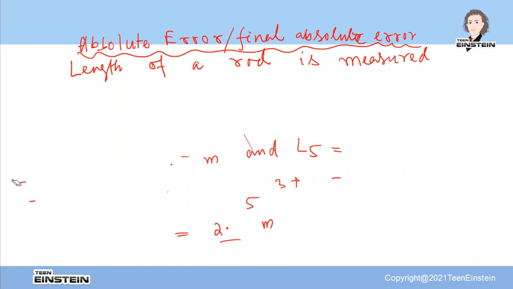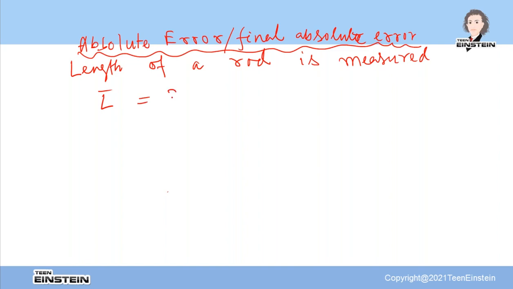We had already learned the theory, but now we are applying that theory to make our understanding a little more concrete. So this is called the mean value, or average value, or true value, this many meters. Then I have to find the final absolute error.